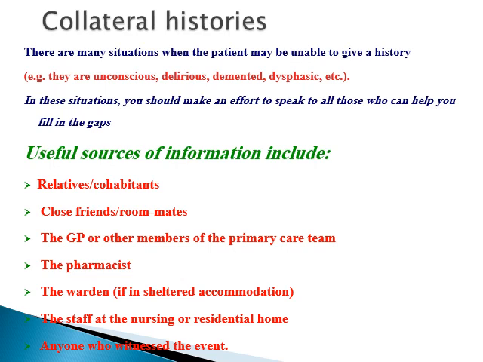The general practitioner has data about the patient, as does the pharmacist, or any person who witnessed the event. I can take history from any relevant person who saw the event.